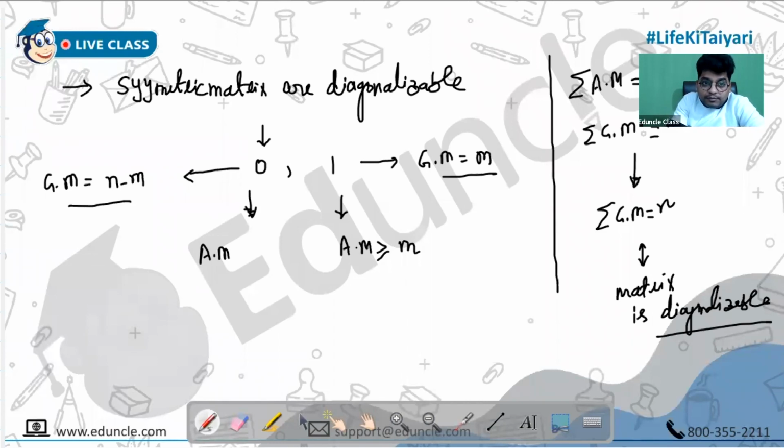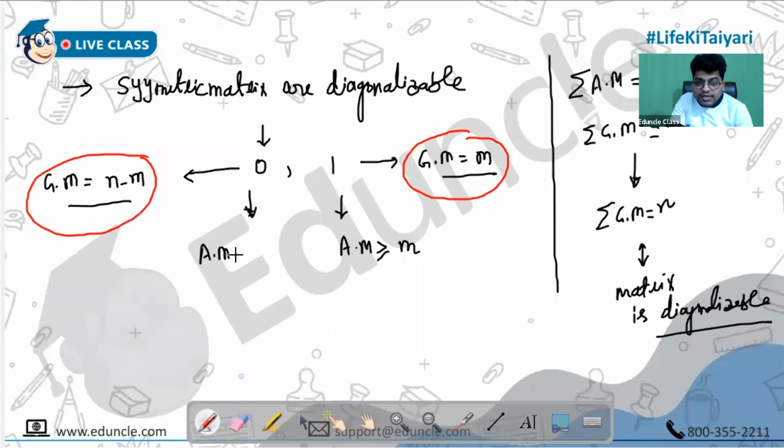Here, because the matrix is diagonalizable, the geometric multiplicity is m, so the total is n minus m. It means the algebraic multiplicity is greater than or equal to n minus m. See, the algebraic multiplicity here is greater than m and greater than or equal to n minus m. So if you take greater than m, you must take at least n minus m plus 1, and here m plus 1.